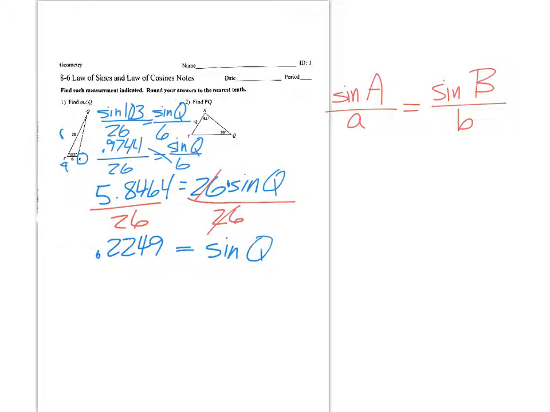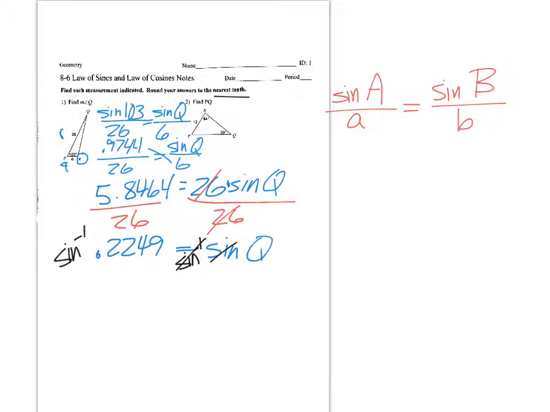Going back to the previous lesson, remember how we get rid of sine. We do the inverse, so inverse sine. That's going to cancel those. So now I do second sine. I type in 0.2249, and it says to the nearest 10th, so this is going to round.